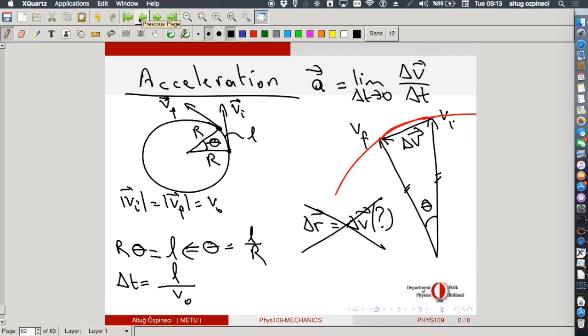I just moved all the velocity vectors so that their endpoints coincide. And since their length, which would correspond to their magnitudes, is the same, the endpoints will just trace a circle. This is where I'm now using the fact that it's a circular motion, but now it's uniform circular motion. And hence, this side is equal to this side.